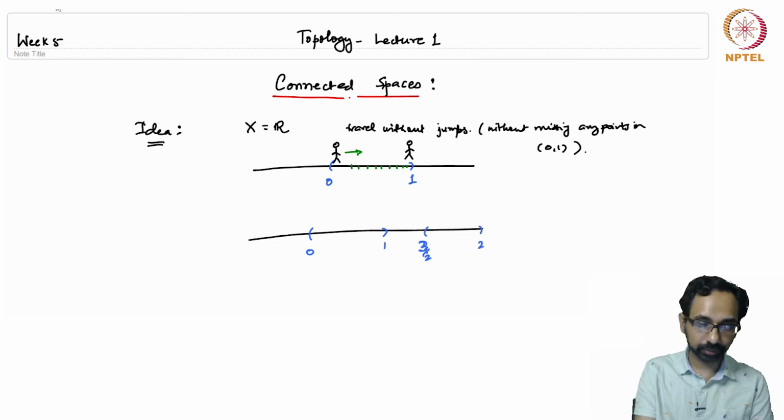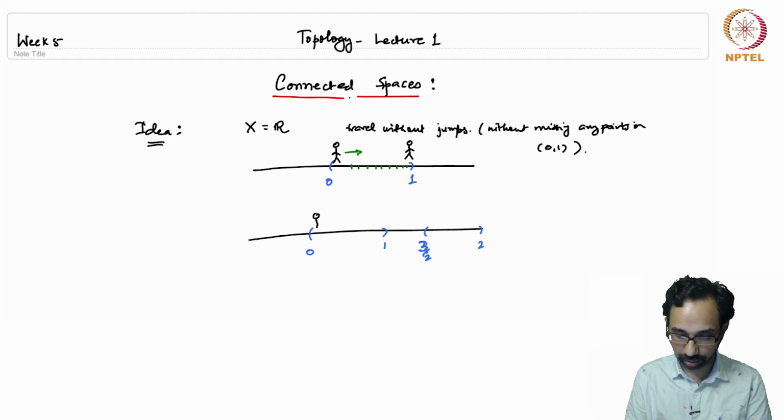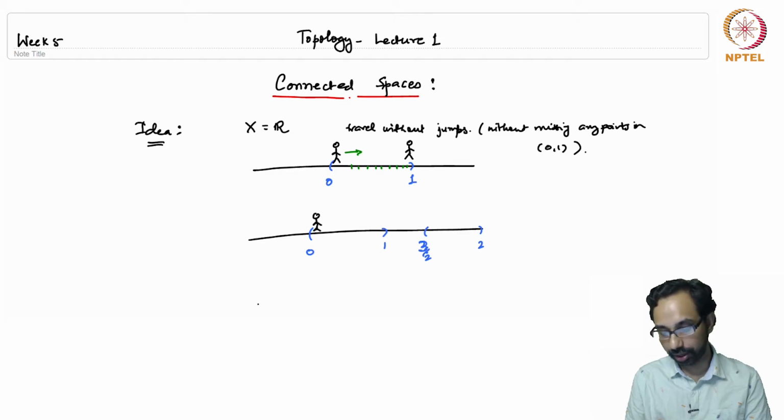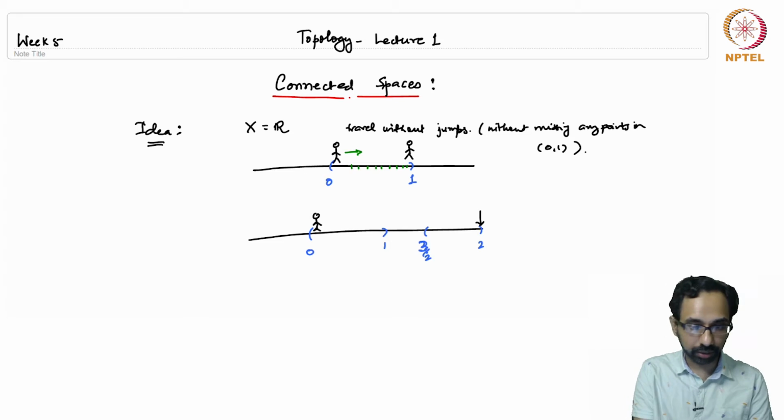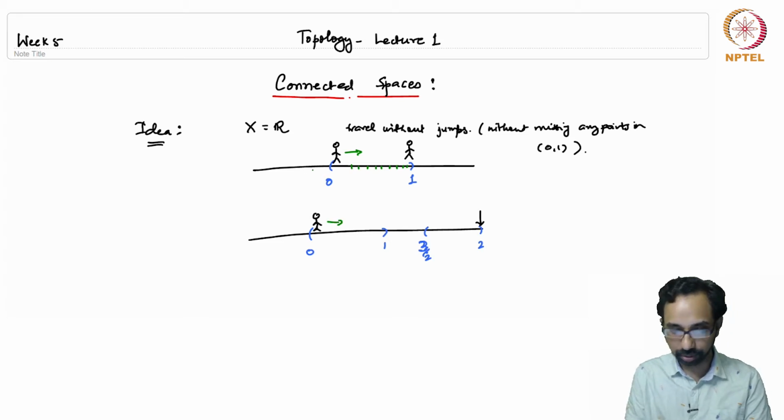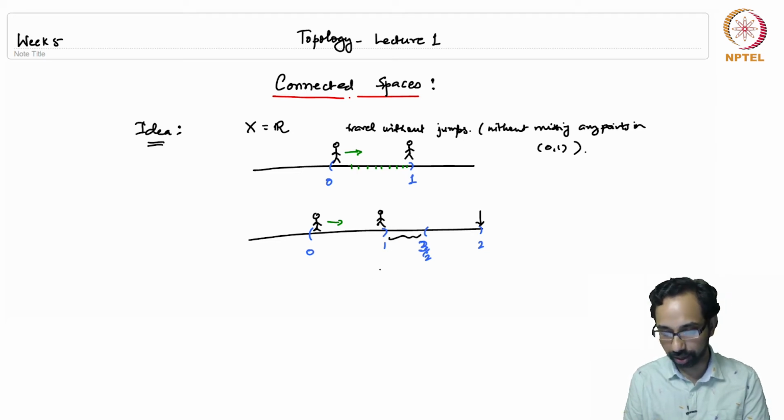So now if you are standing near 0 again and you want to reach the other endpoint, which is at 2, you can travel continuously until 1, so you will reach the endpoint 1, but now there is a gap here, right?